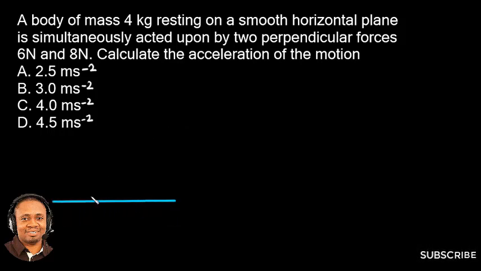So this is the horizontal plane, and let's say this is the body, and we said the body is 4 kg. Then there are these two perpendicular forces acting on it. Let's say this is 6 Newton, and another one the horizontal, which is 8 Newton.